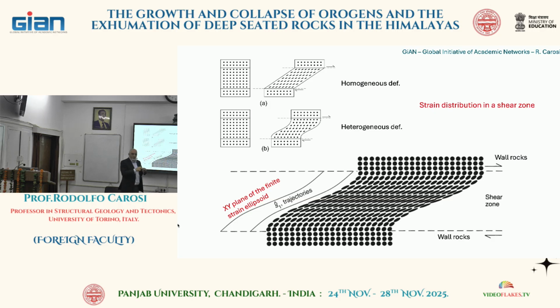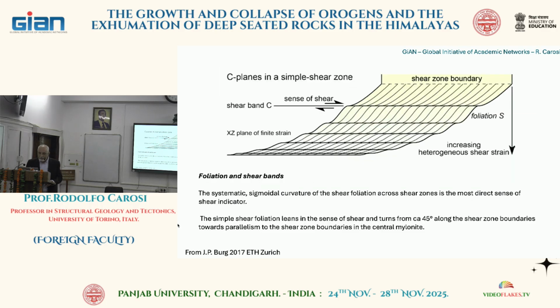So the orientation of the ellipsoid and of the S plane give an indication of the shear sense. So you can have a steeper orientation here, then the line is leaning to the S plane, the upper part, and the opposite part in the lower C plane. So this geometry is characteristic and indicates a dextral sense of shear.